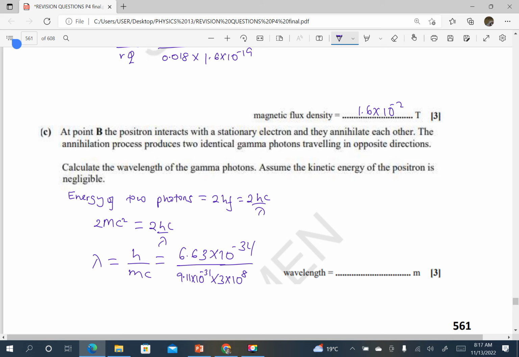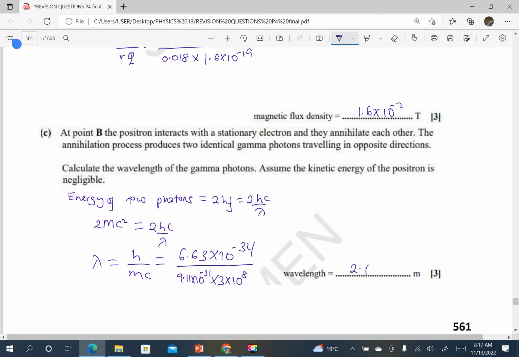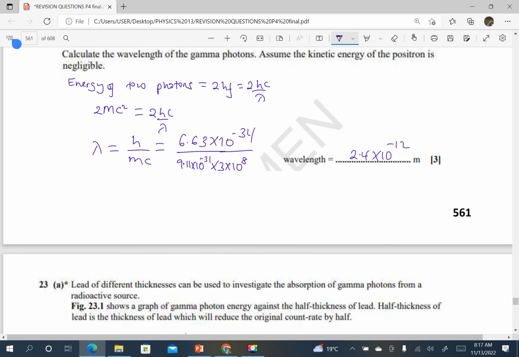So I press the calculator here, and this is giving me 2.4 times 10 power negative 12. Okay.